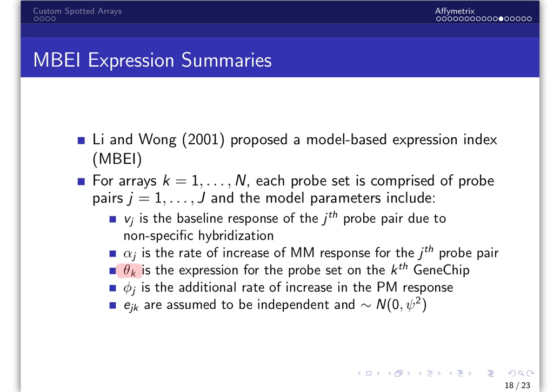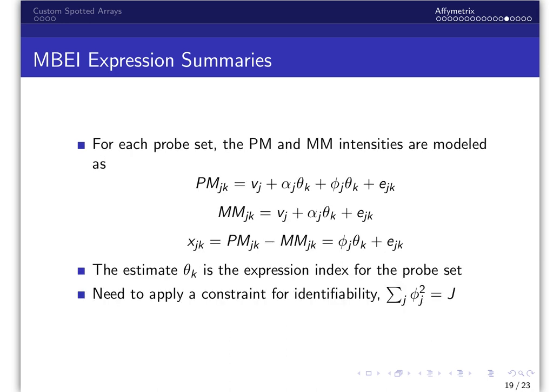Theta sub k is the expression index for the probe set on the kth gene chip. Phi sub j is the rate of increase corresponding to the specific hybridization of the jth perfect match probe, and E sub jk is the random error term assumed to be Gaussian or normally distributed.